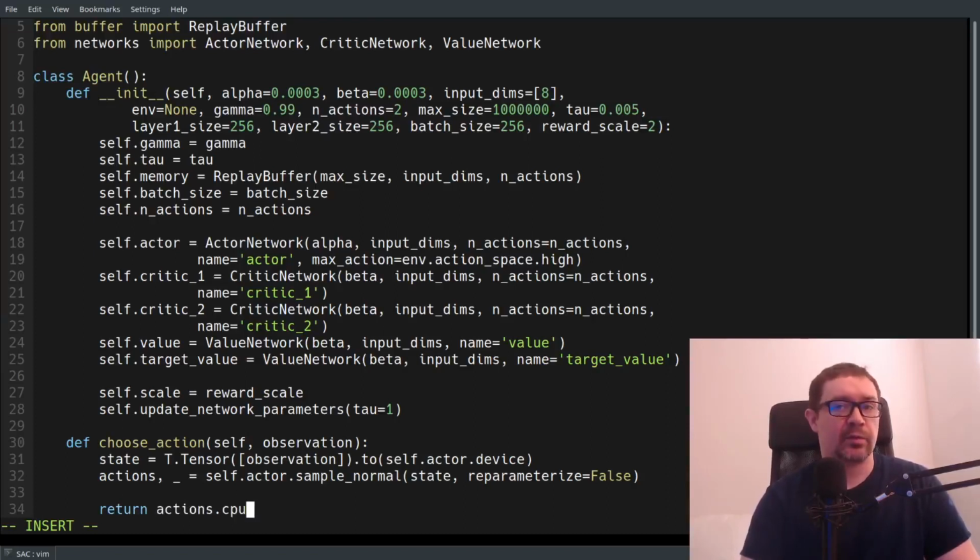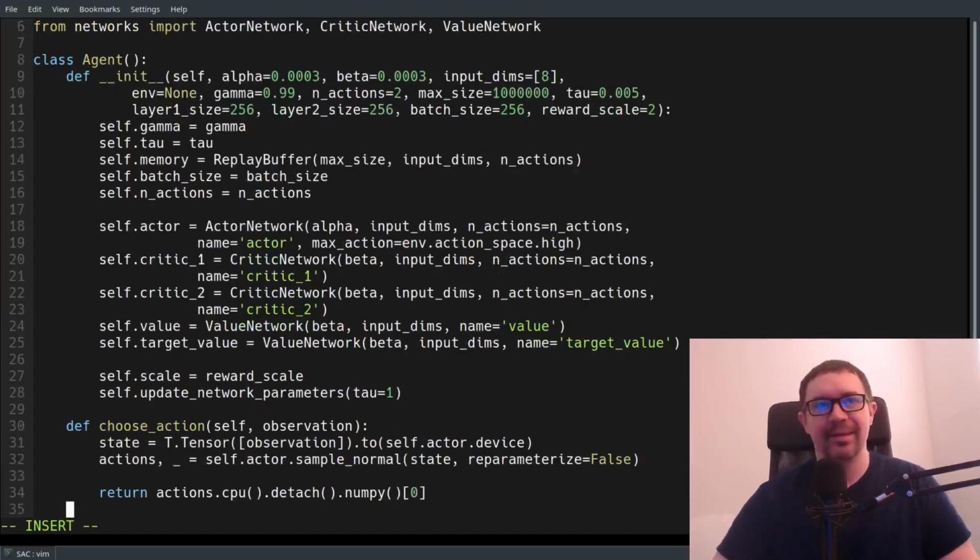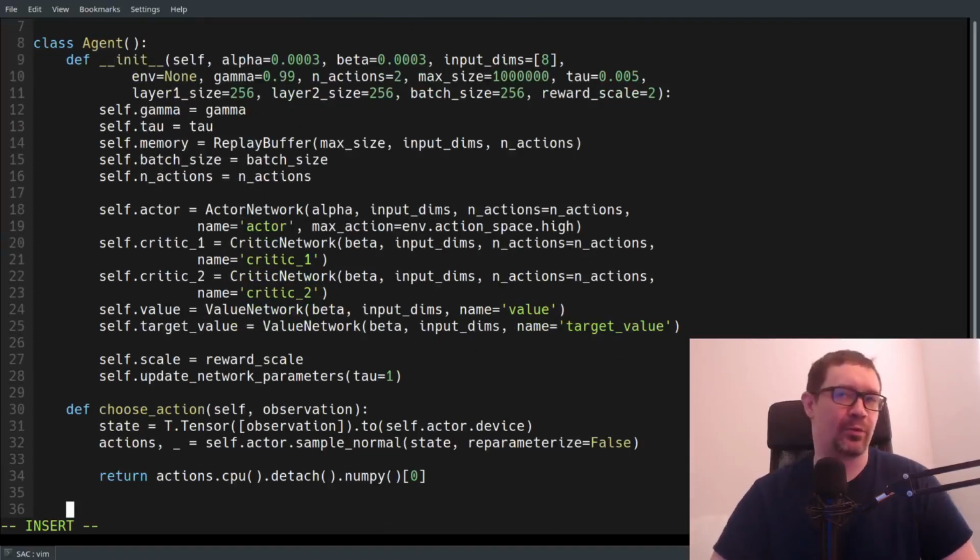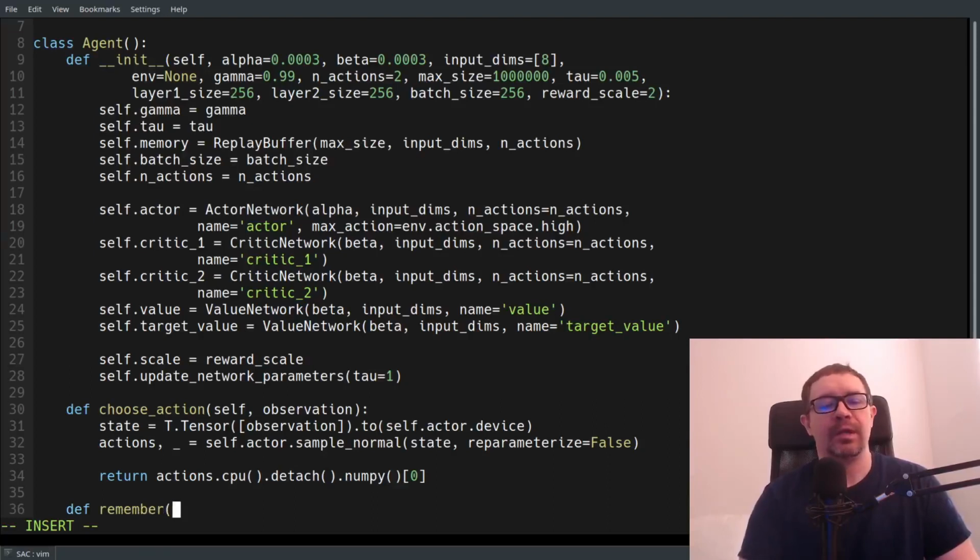It is a CUDA tensor, so we have to send it to the CPU. We have to detach it from the graph, and we have to turn it into a NumPy array and take the 0th element. That's one of the quirks of the PyTorch framework. It's something we can live with, though. Then we need an interface function between the agent and its memory.